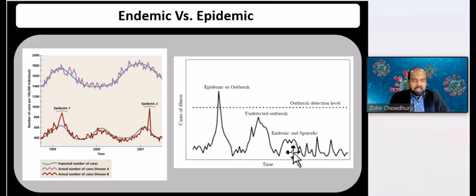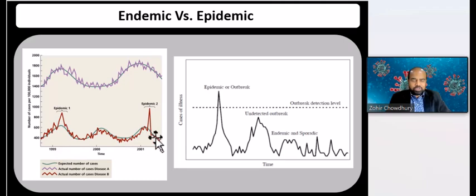And here you can see the outbreak detection level. So when the cases increase beyond this detection level, it would be considered an outbreak or epidemic. And if it's below that, it would be an undetected outbreak, even though the levels are higher, because that's the detection level.